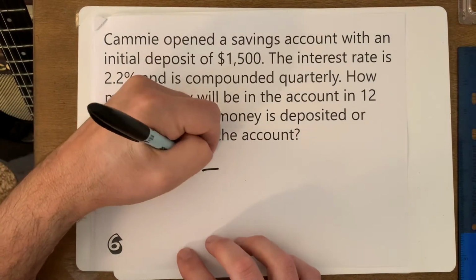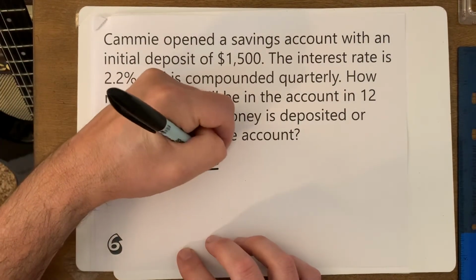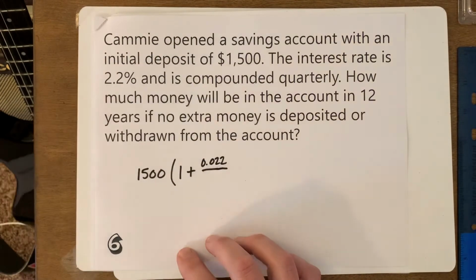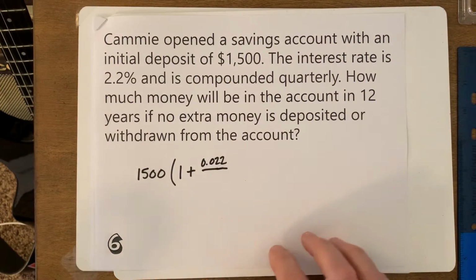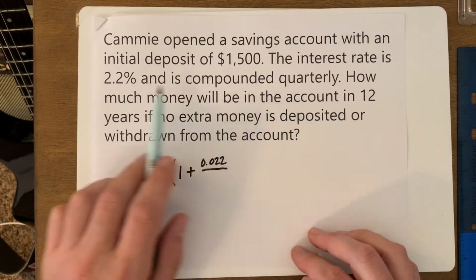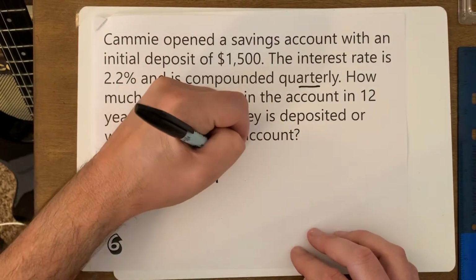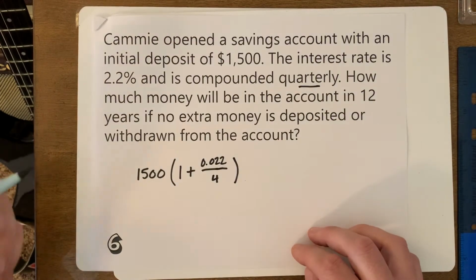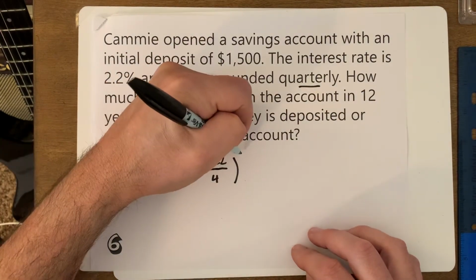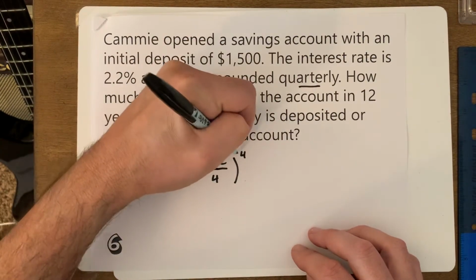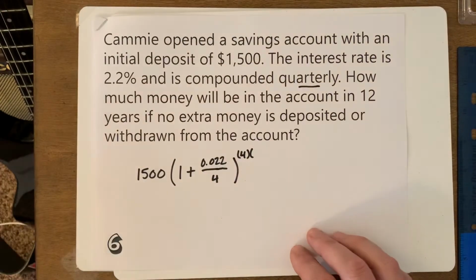The rate is 0.022 divided by n, which is the number of compounding periods. So quarterly would be 4 times per year. Okay, we're going to raise that to the n times x. So n is 4, and then we're talking about 12 years.